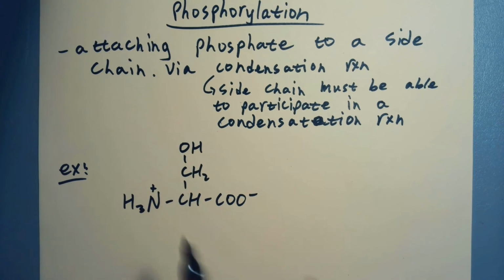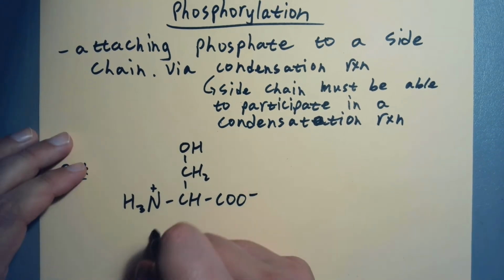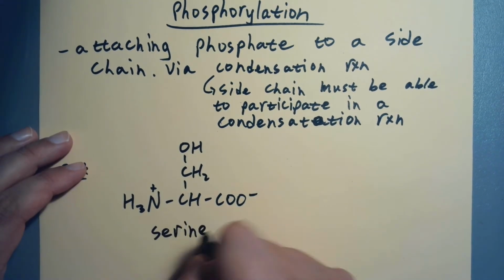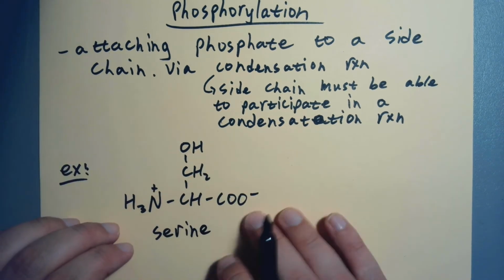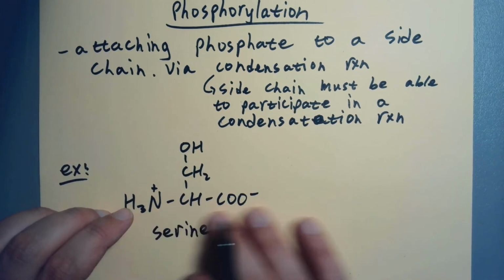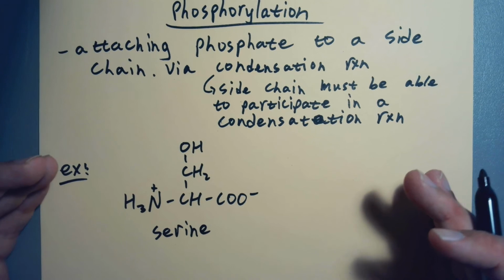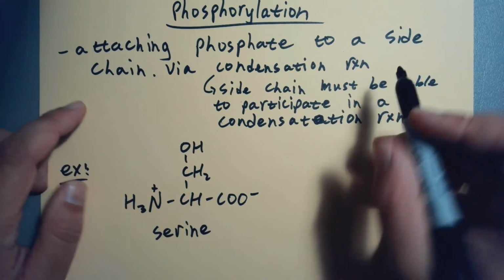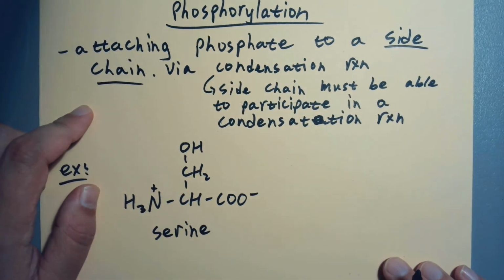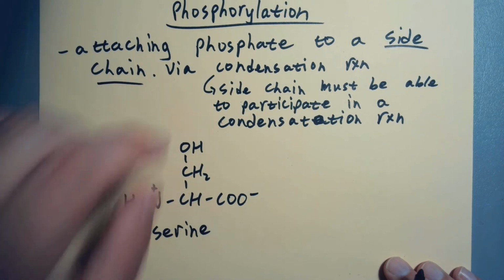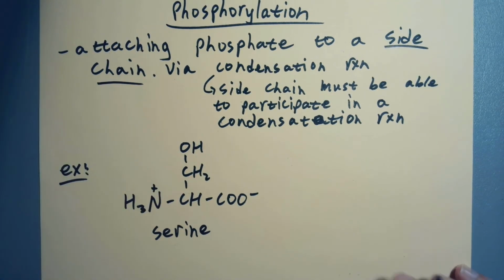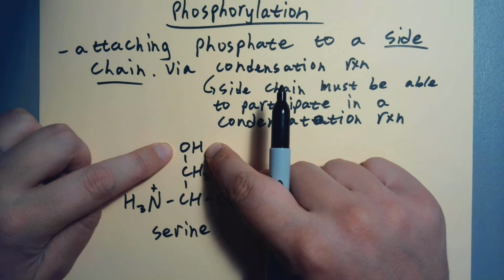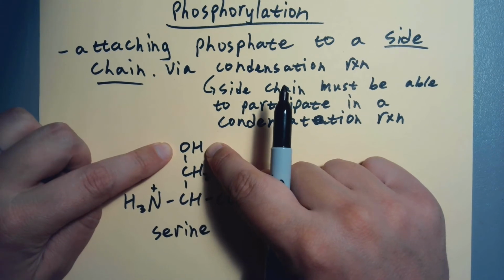So it has the OH group. I'm going to draw the OH group coming off of there. This is serine. And so we're just looking at the side chain. Because you're like, oh, well, I know it can perform condensation reactions because of these points. Well, yeah. But we're talking about the side chain. So can we add a phosphorus to this via a condensation reaction? And the answer is yes, because there's an OH group.